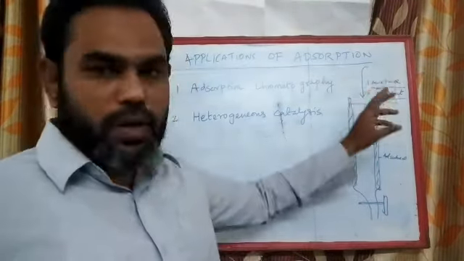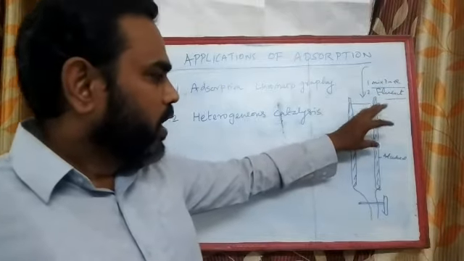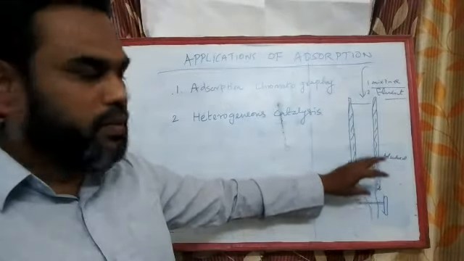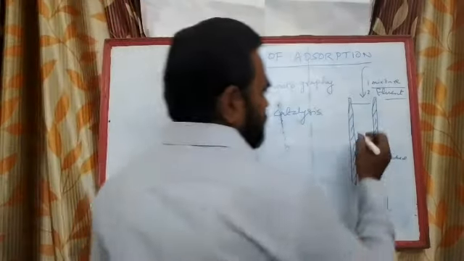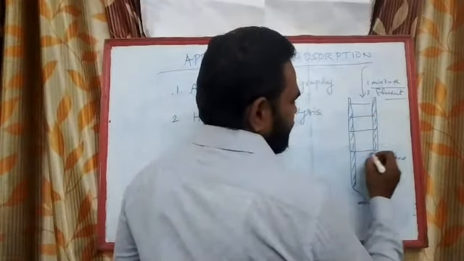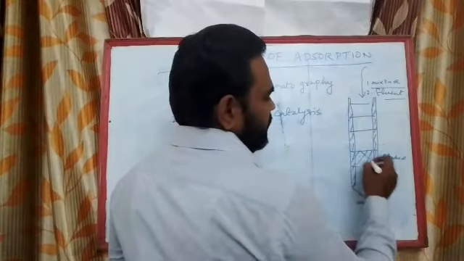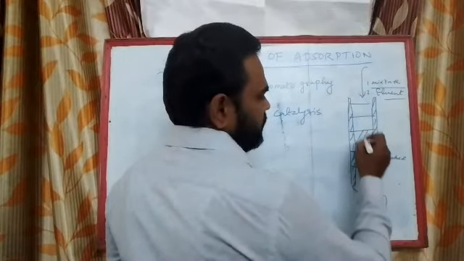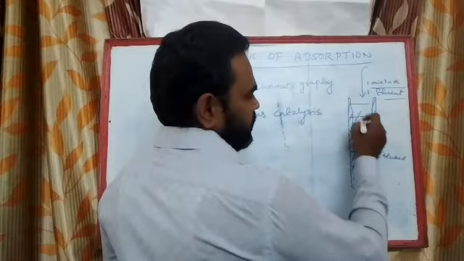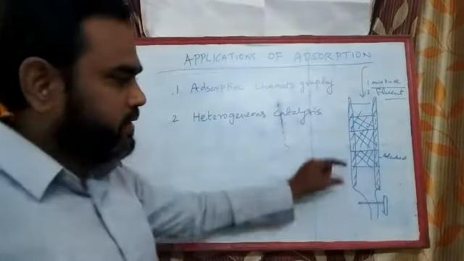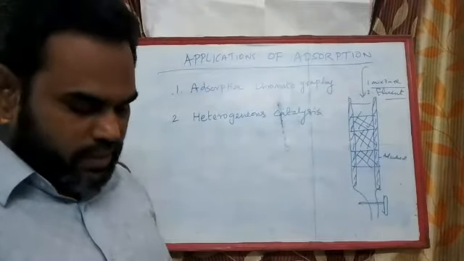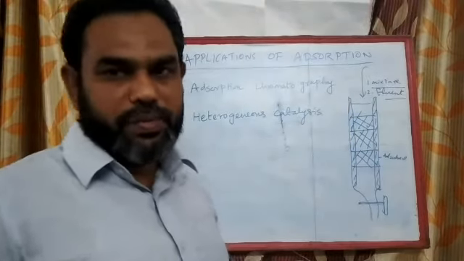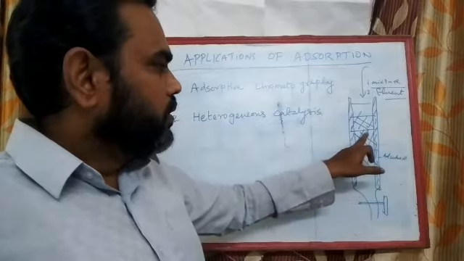So when the eluent is passed, the mixture passes through the column and gets adsorbed at a different rate, so that the mixture gets separated in different bands. This is based on the tendency of the substance to adsorb.